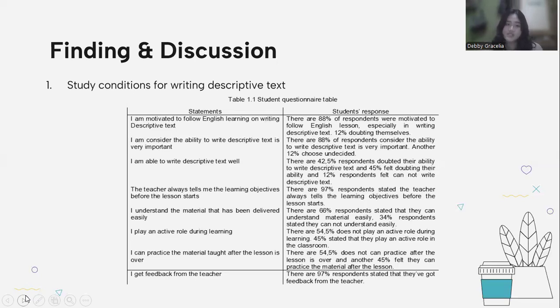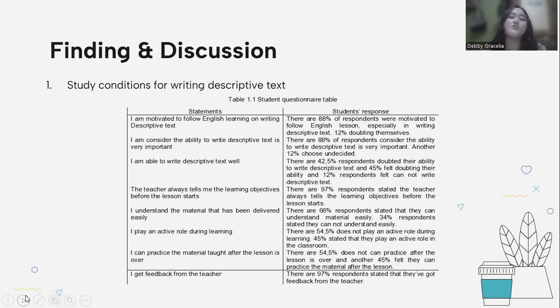And the second statement is, I consider the ability to write descriptive text very important. There are 88% of respondents who consider the ability to write descriptive text very important, and another 12% chose undecided.